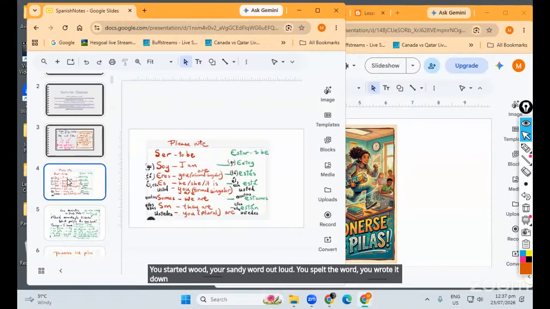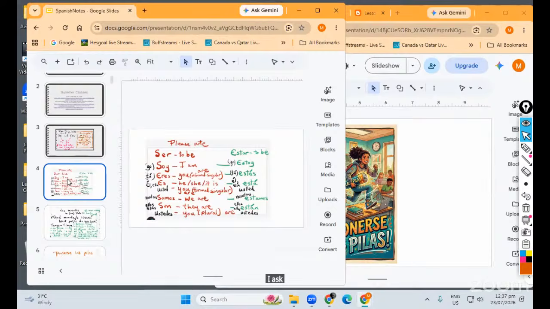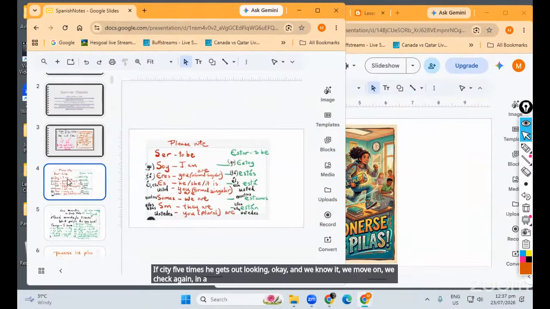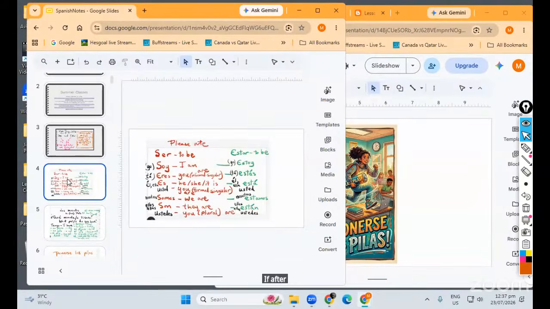Sometimes if a word gives trouble to spell, I ask my child to write it out 5 times and then try and spell it, right? We break it up into syllables, write it 5 times. If after the 5 times he could spell it without looking, okay, we know it, we move on. We check again in a week, in 2 weeks to make sure it's still stuck there, right? If after writing it 5 times he doesn't remember it, write it 5 more. Okay? That works for him because that's how he remembers, by writing things down.